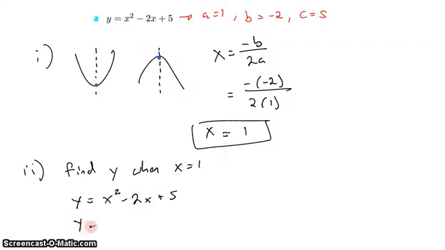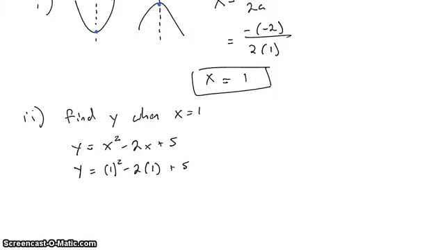But we're going to let x be equal to 1. So that's 1 squared, take 2 times 1 plus 5. 1 plus 5 is 6, take 2 is 4. Therefore, the vertex is at the coordinate x, comma, y, 1, comma, 4.